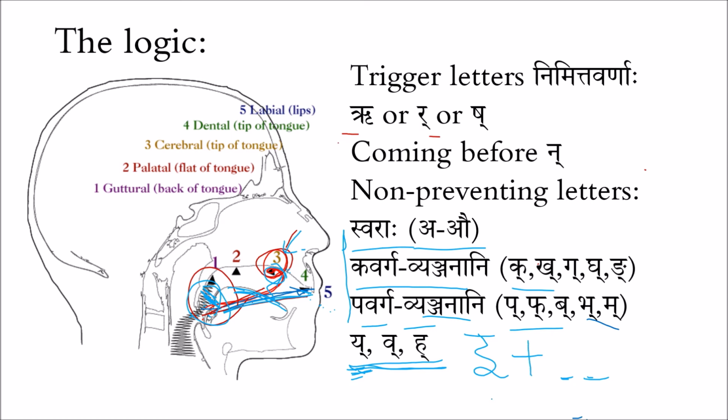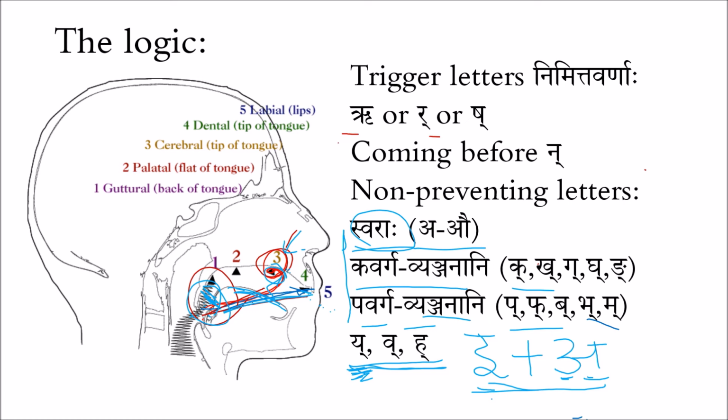It is actually made up of two swaras, two vowels, e and a. When we say e and a together quickly, it becomes ya. So it is basically a combination of vowels. The swaras do not prevent na changing to na, and because ya is made of e and a, it will change.